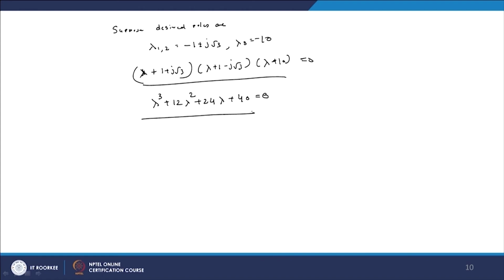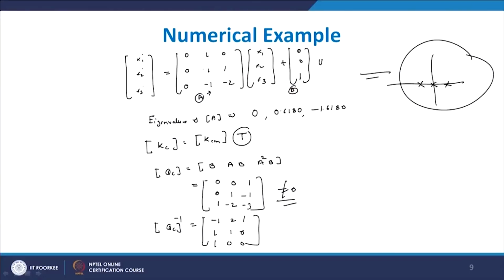Now, this is our desired characteristic equation, but our aim is to get the controller. The problem is that this matrix is not in companion form, but to get the values of Kcm, we have to determine the characteristic equation for the same and then compare it.